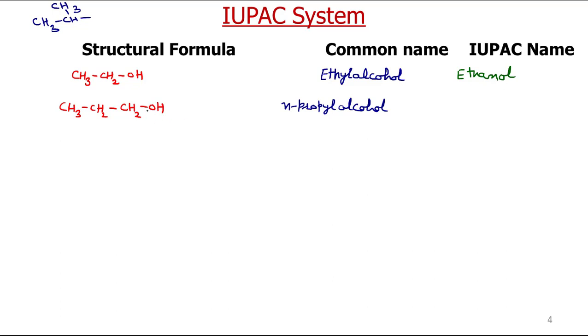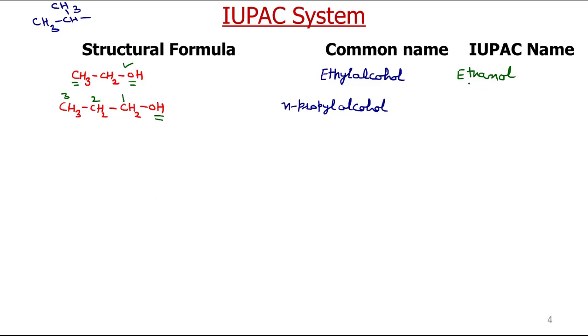So its common name is N propyl alcohol, and its IUPAC name is, so to distinguish different structure formulas, we specify the position of the OH group. So we will give the numbering 1, 2, 3. In ethanol we have not done any numbering, because whether it is attached to this carbon or this carbon, the structure will remain the same. So there does not exist any structural isomer of this compound. So its name ethanol is sufficient.